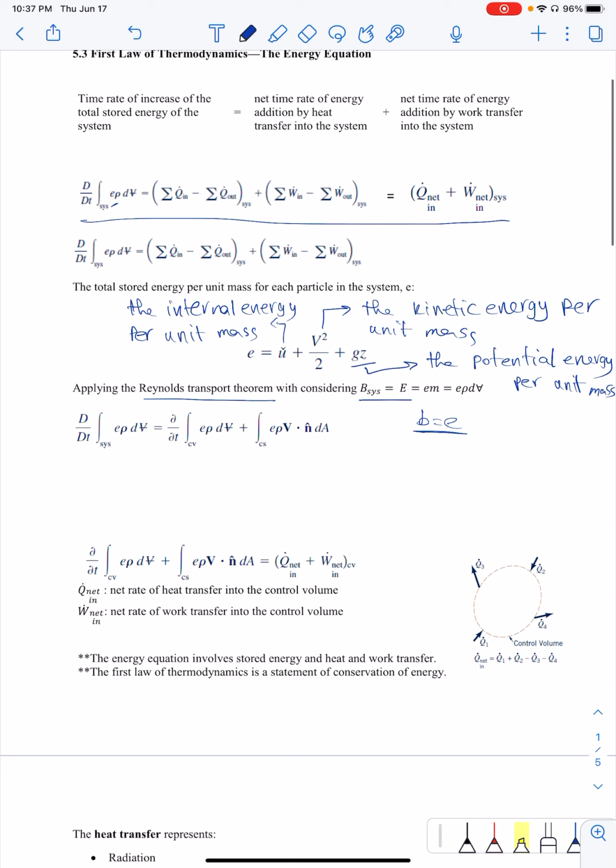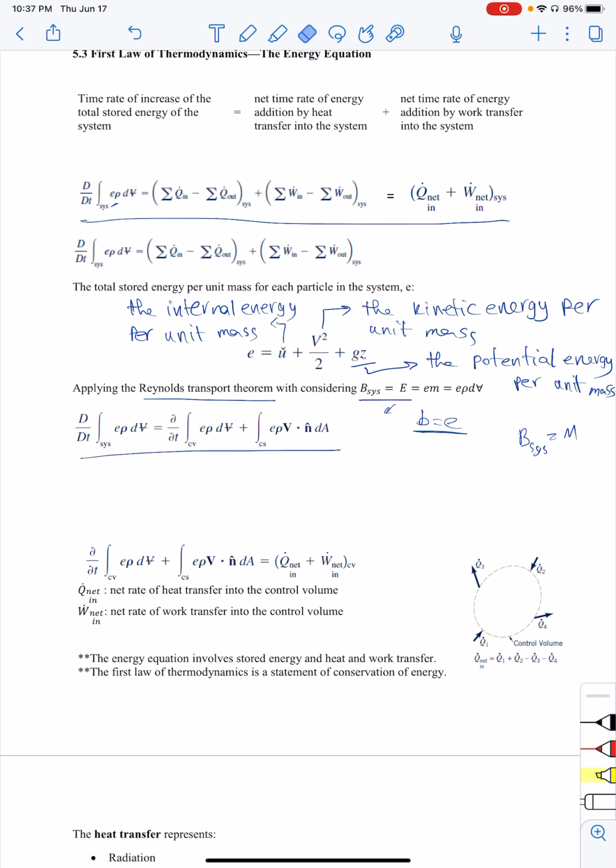It's like when we wanted to derive the conservation of mass, we used B system as mass, and this time we want to derive the energy equation, so we use B system as E. If we apply this theorem, this is the formula that we get. Let me just elaborate all the things.